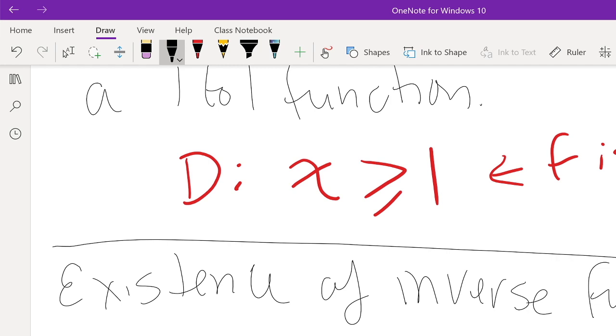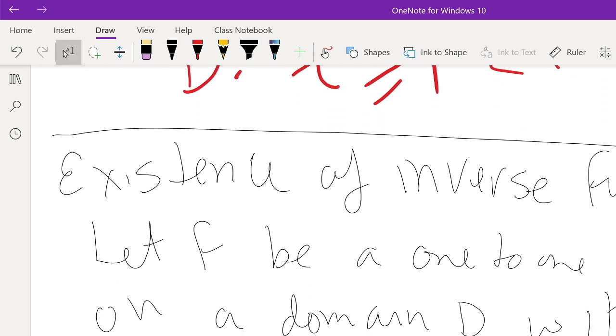All right, we say let f be a one-to-one function on a domain D with a range R. Okay, and capital D, capital R are just sets of real numbers.